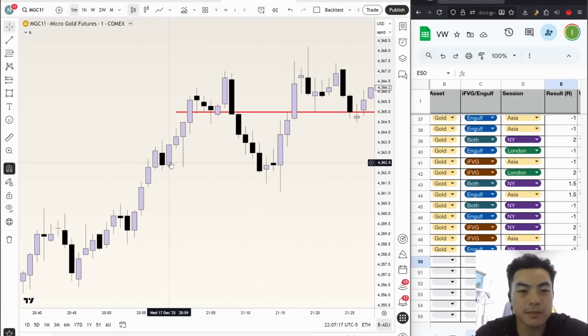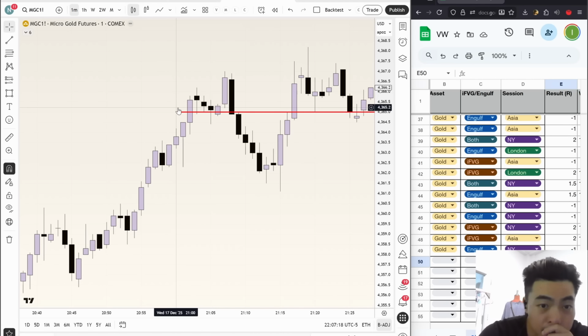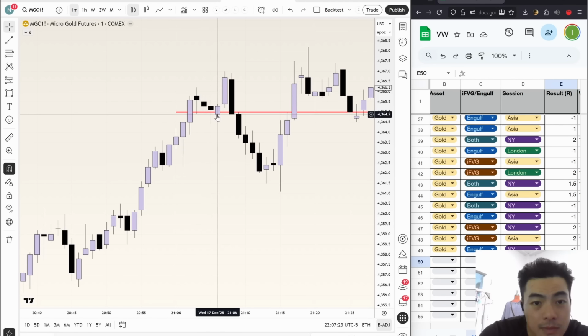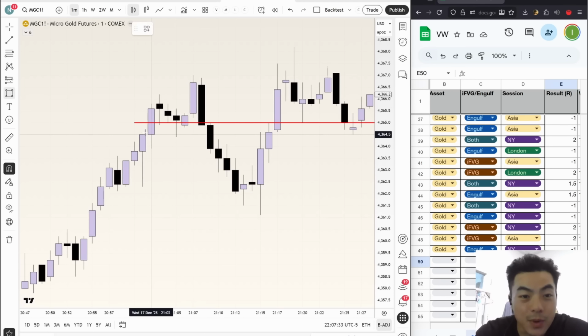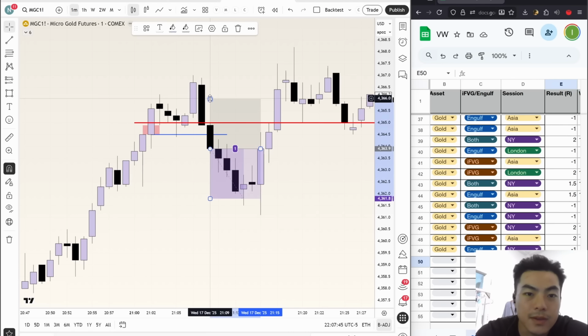Asia setup. Candle opens here. Close above. No entry model yet. No entry model yet. So to enter, we're either looking for inverse fair value gap there or change in state of delivery there. So there's your entry. Enter here.